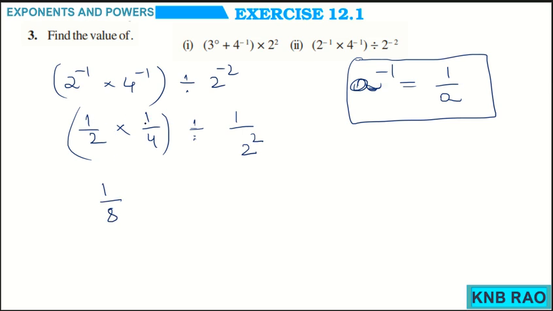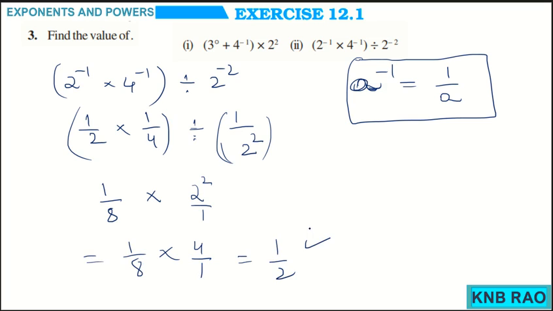This division can be converted into multiplication by taking the reciprocal of the divisor. So the reciprocal of the divisor is 2 square by 1. Now 2 square is 4, and 4 by 1 into 1 by 8 is 1 upon 2, which is the answer.